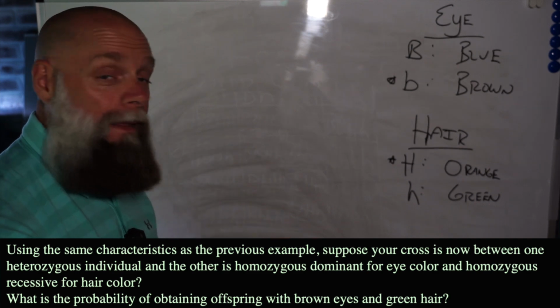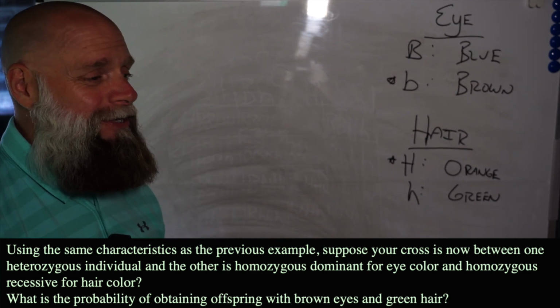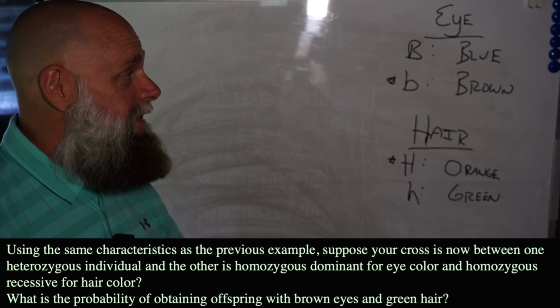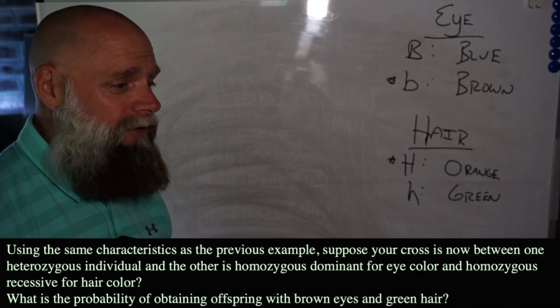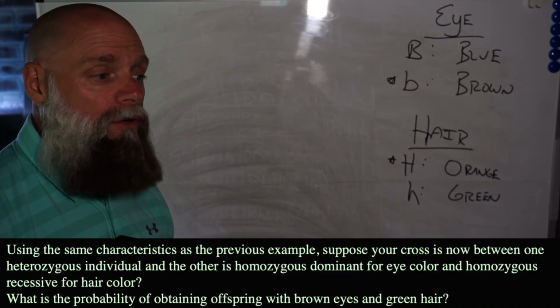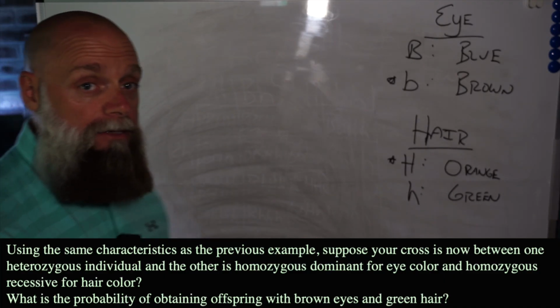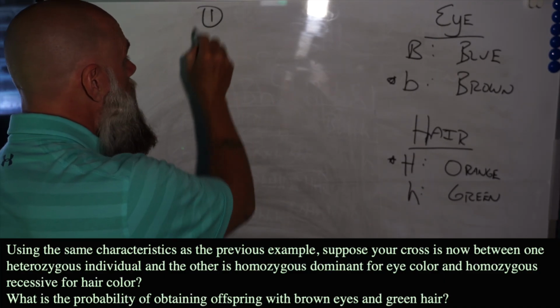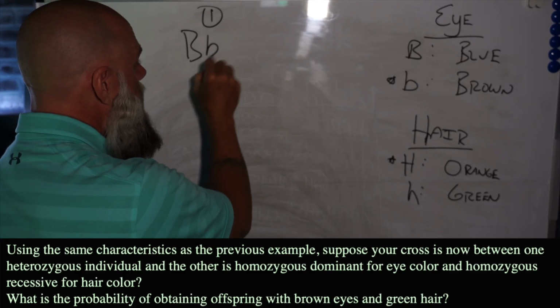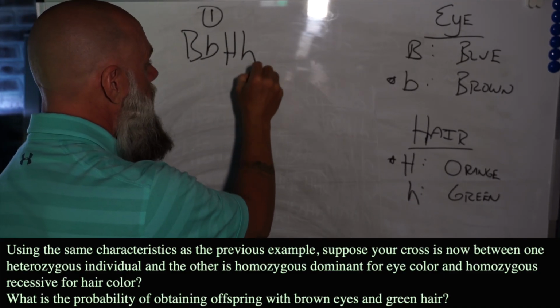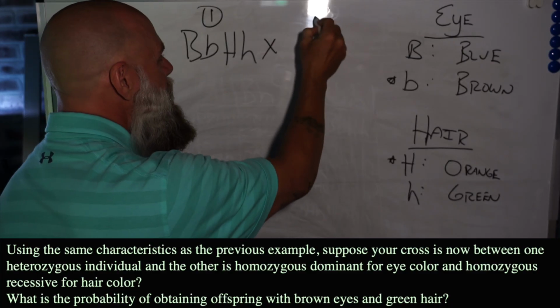So, okay, I'm going to read off the screen over here. So it says using the same characteristics as the previous example. So here we go. Characteristics, traits. Suppose your cross is now between one heterozygous individual, so heterozygous for both, and so that hasn't changed. So organism number 1, capital B, lowercase b, capital H, lowercase h.